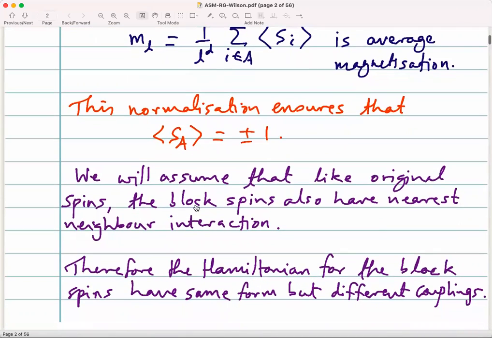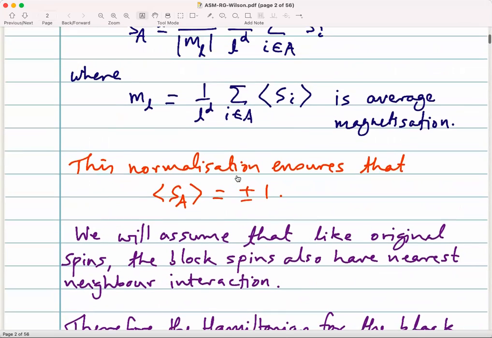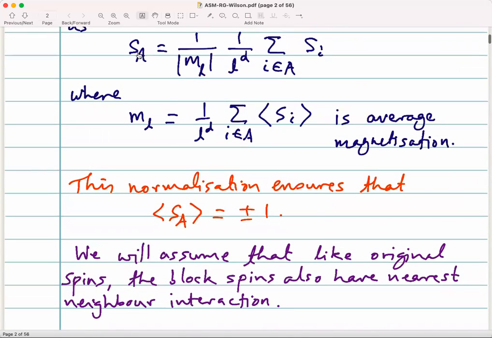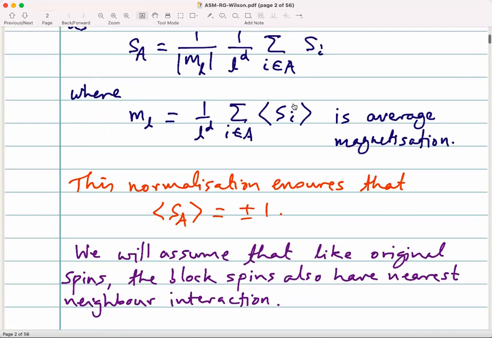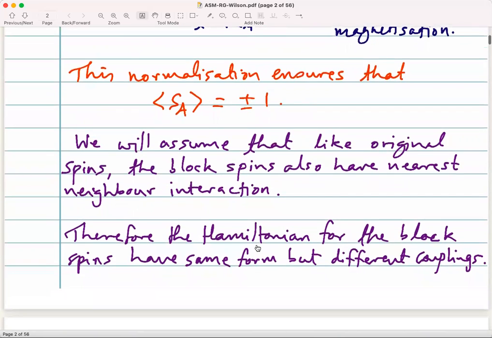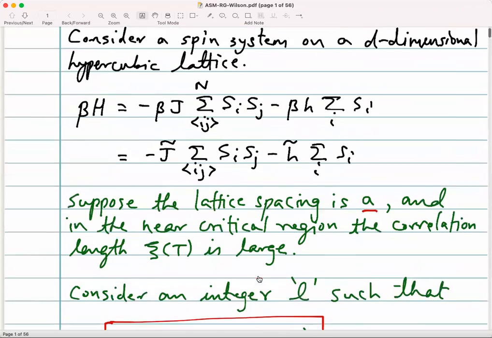But what we will assume is that, like in the original system, the block spin system also has nearest neighbor interactions. If we assume that, and if we ensure from this normalization that S_A also takes the same class of values that S_i were taking, then the form of the Hamiltonian for the block spin would be the same as the form of the original Hamiltonian that we had written down, namely this one.